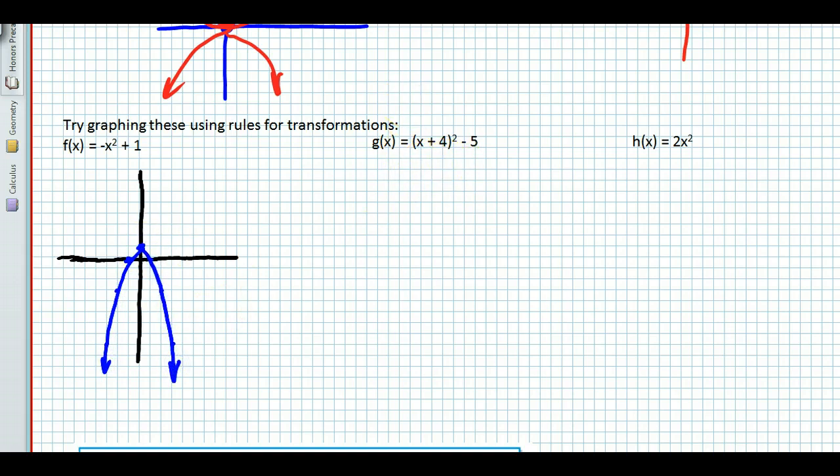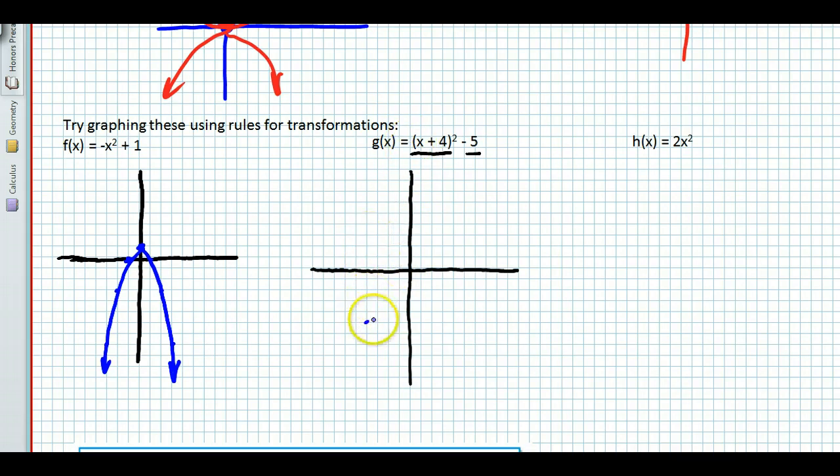Okay, what's happening with this one? Now we're moving to the left 4 and down 5. So I'll draw my axes. And instead of having my vertex at 0, 0 at the origin, now I'm going to go to the left 4. 1, 2, 3, 4, down 5. 1, 2, 3, 4, 5.